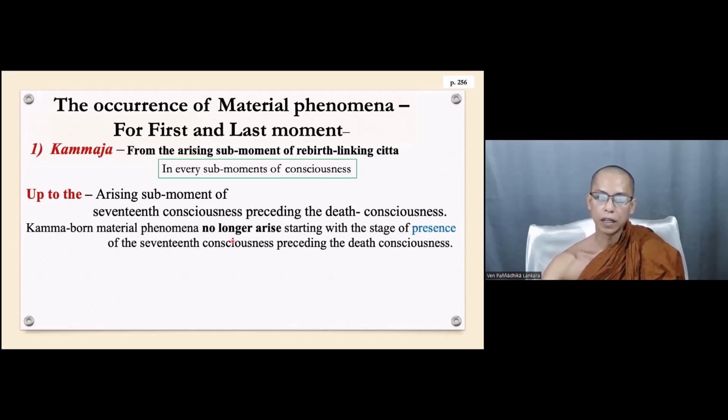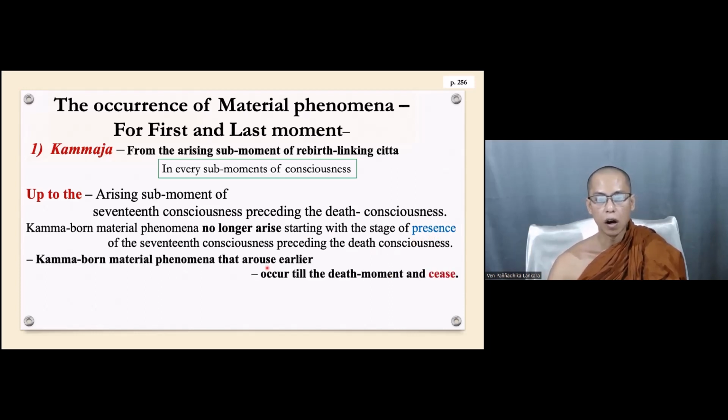Karma-born material phenomena no longer arise, starting with the present sub-moment of the 70th consciousness preceding the death consciousness. No more production from the present sub-moment of the 70th consciousness. So the material phenomena that arose earlier, meaning the last arising sub-moment of the 17th consciousness preceding the death consciousness, is the last materiality produced by karma in the life.